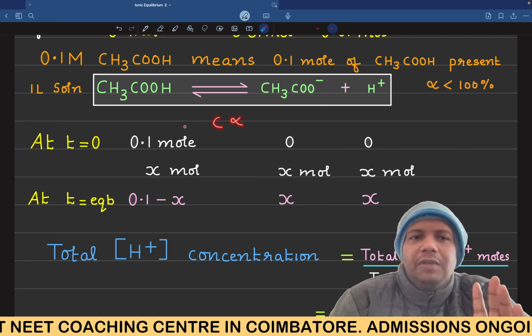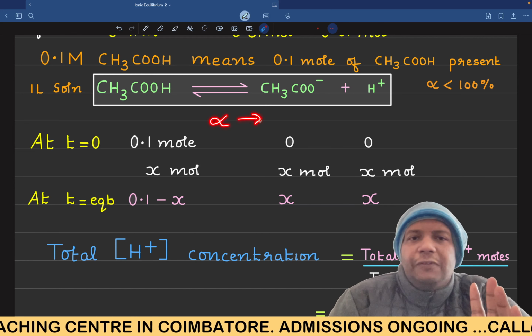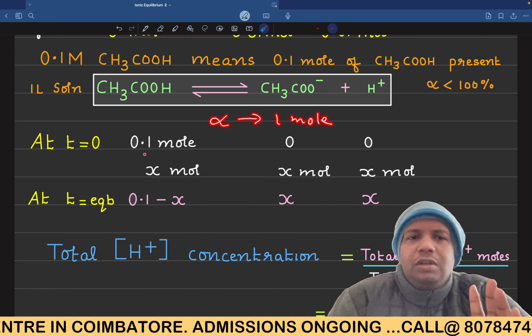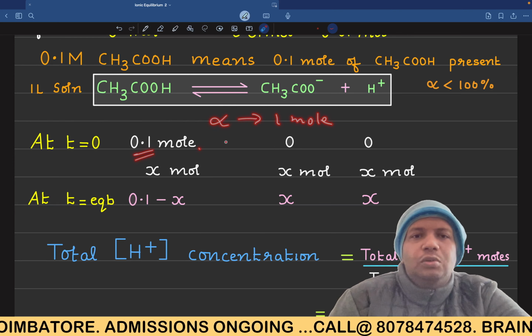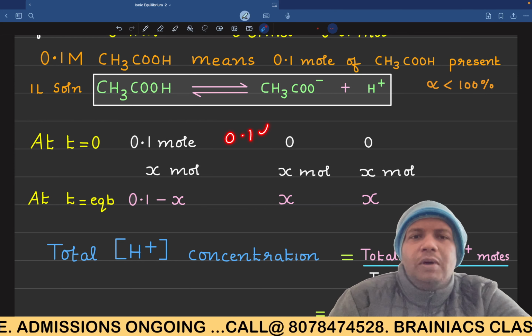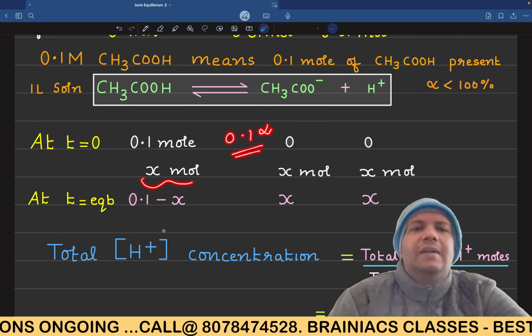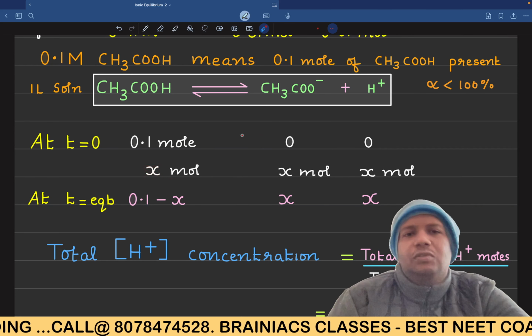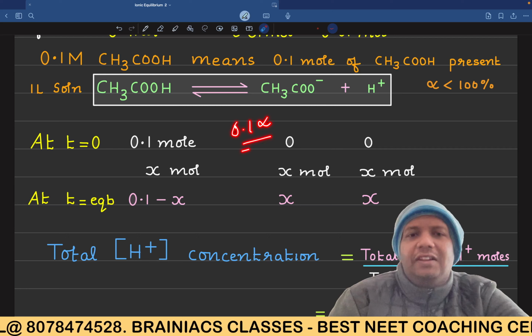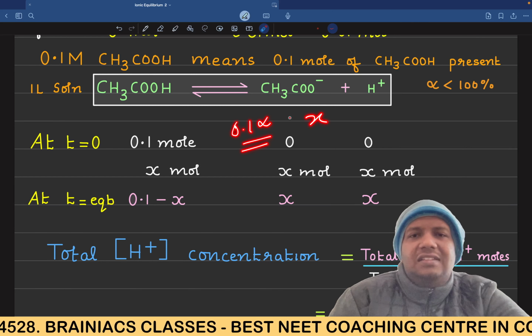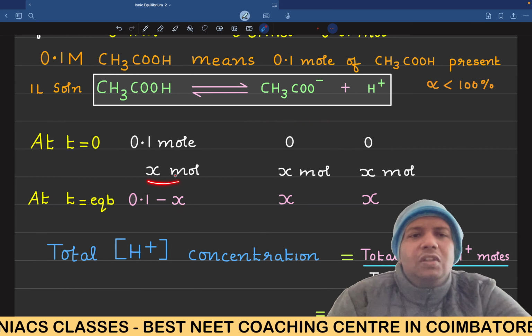Alpha is always defined for 1 mole. Now here you have 0.1 mole, so 0.1 alpha should dissociate from here. Instead of writing 0.1 alpha dissociated, I am writing that as X. So X mole is dissociating.